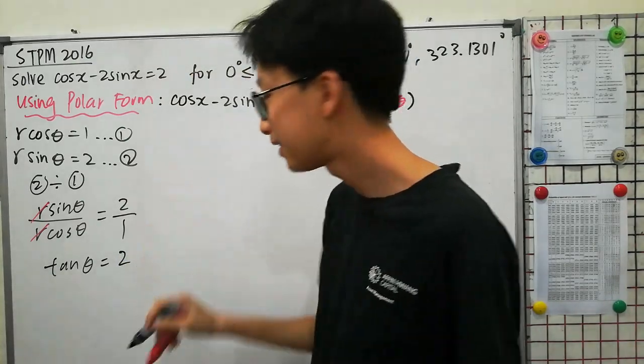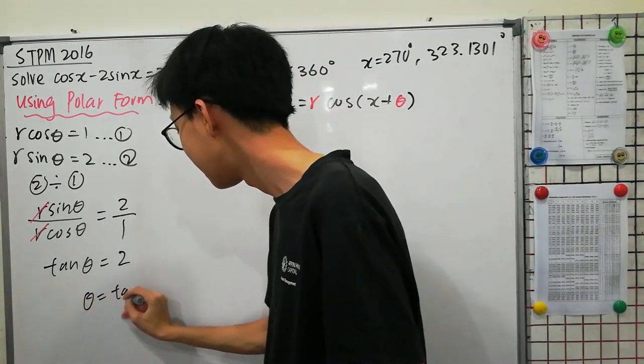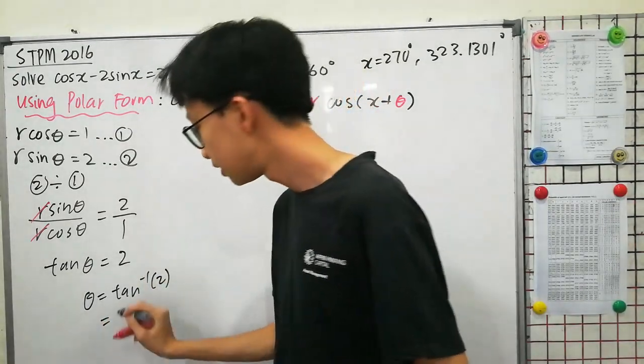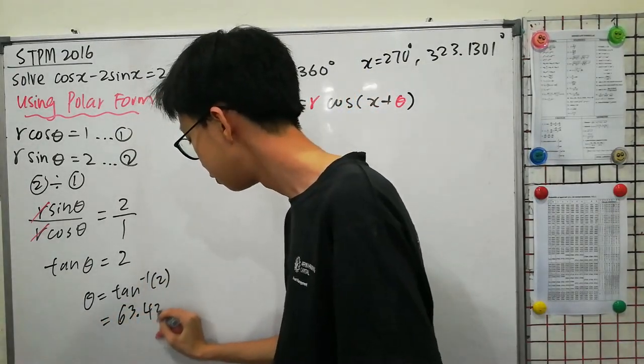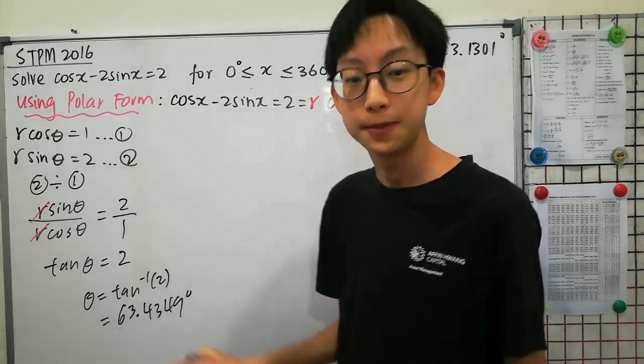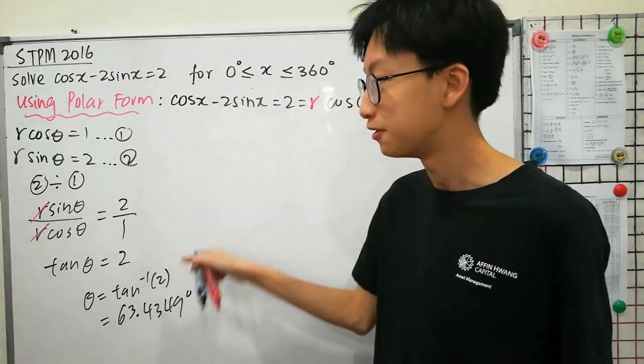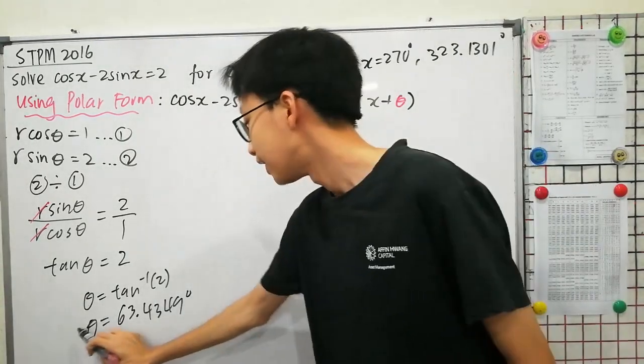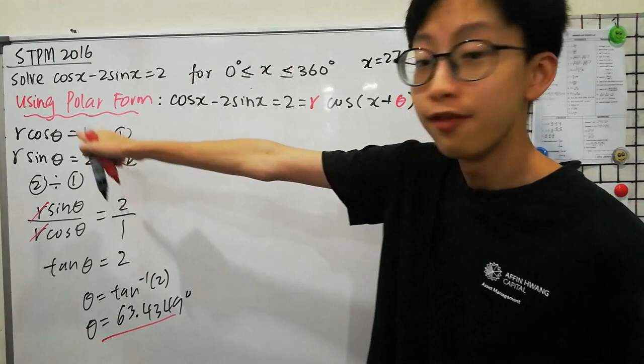We can solve for theta. Theta will be arctan of 2, which is 63.4349 degrees. It's better to keep more decimal places when you are in the middle of working, okay? Now we have the value of theta and we just need the value of r.